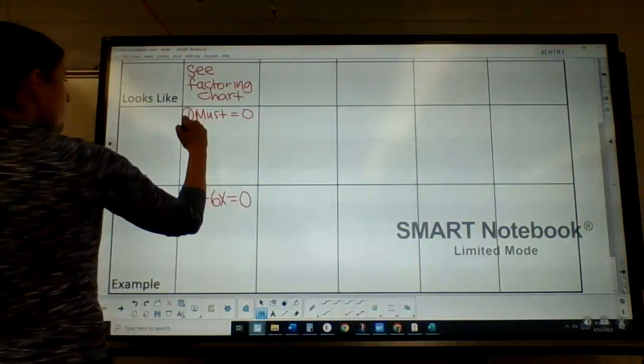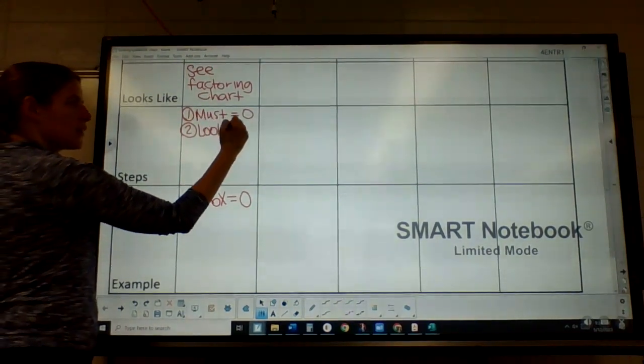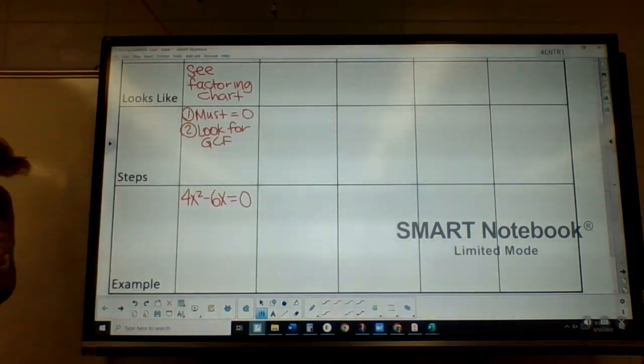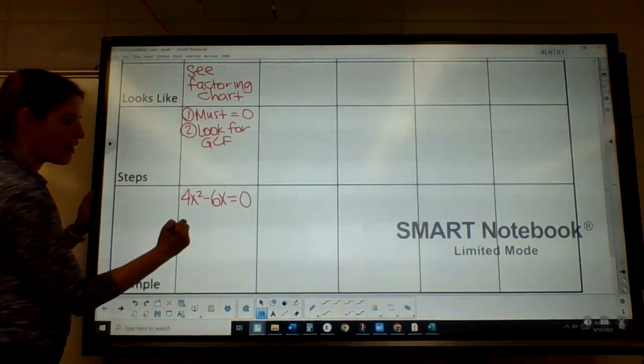Our next step is we always want to look for a GCF first. Does this problem have a GCF? 2, and also there's more: 2x, yep. So we're going to take out a 2x.